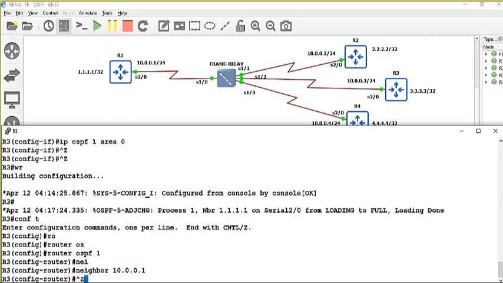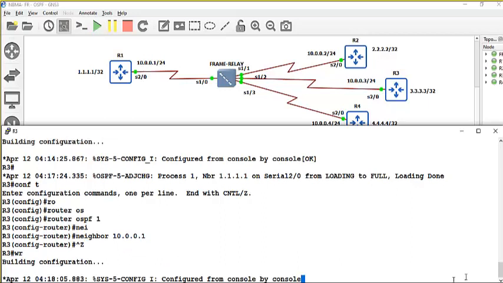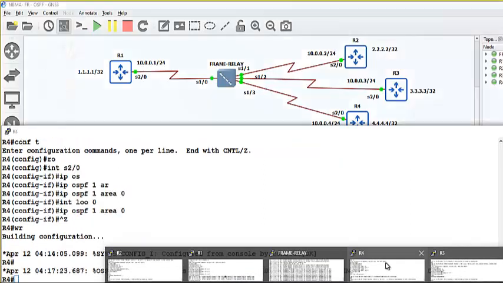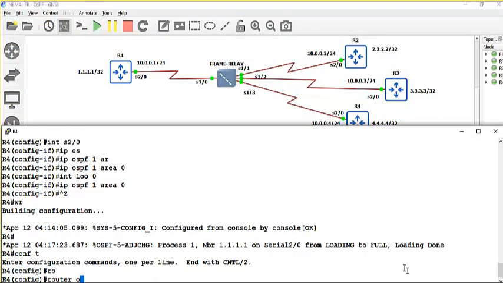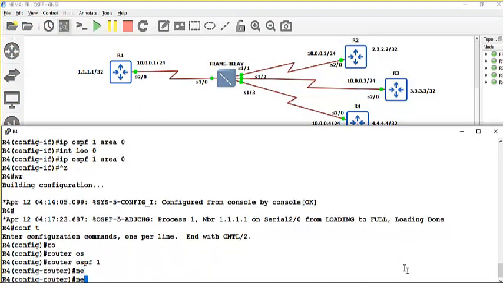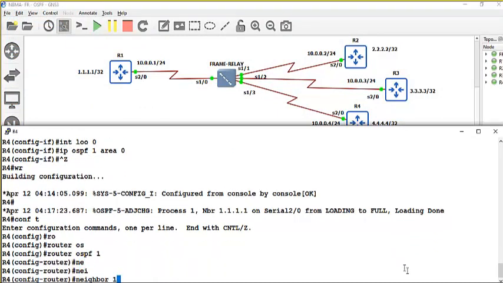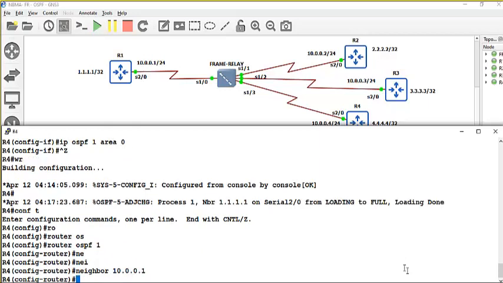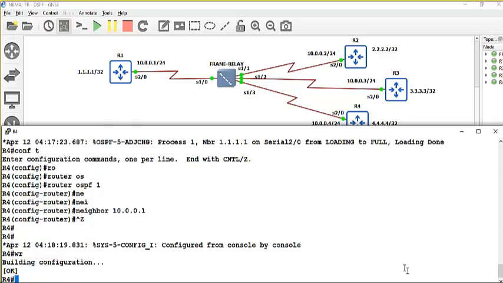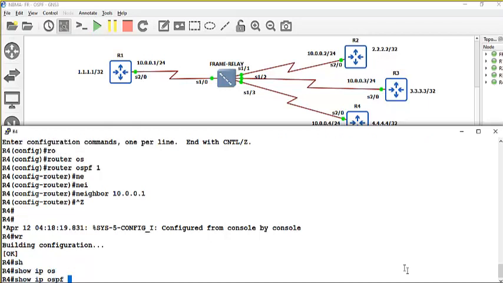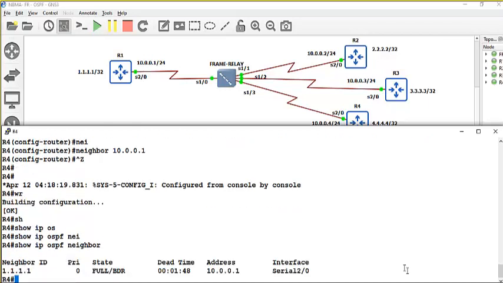Likewise, go to router 4. That's it. This is the right approach. So now neighbors are configured. Check show ip ospf neighbor. You got a neighbor.